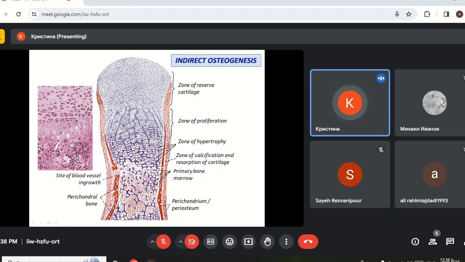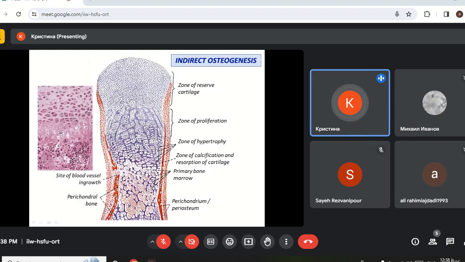But in this region, just below our periosteum, we have the bone tissue. This red in color, this is the bone tissue of the perichondral bone. This is the bone collar, which caused the death of the cartilage in the diaphyseal region of the future bone and caused the appearance of the primary bone marrow.